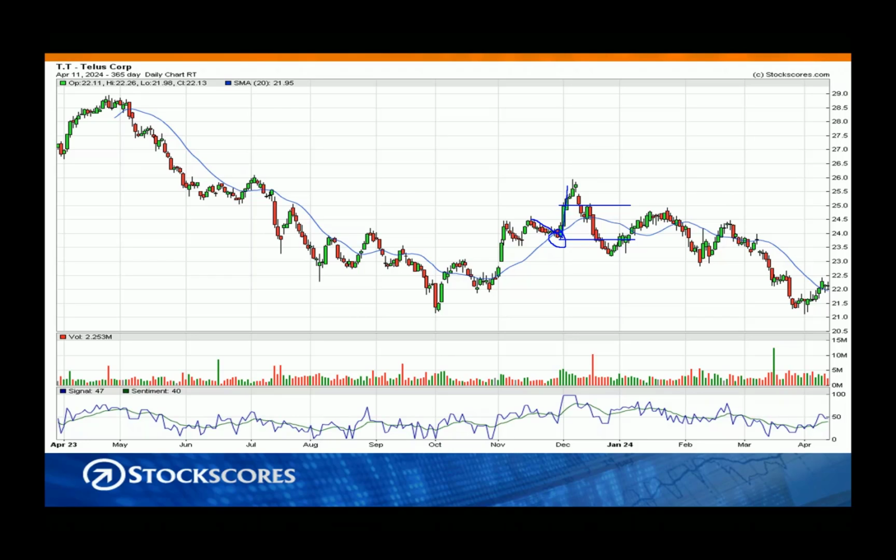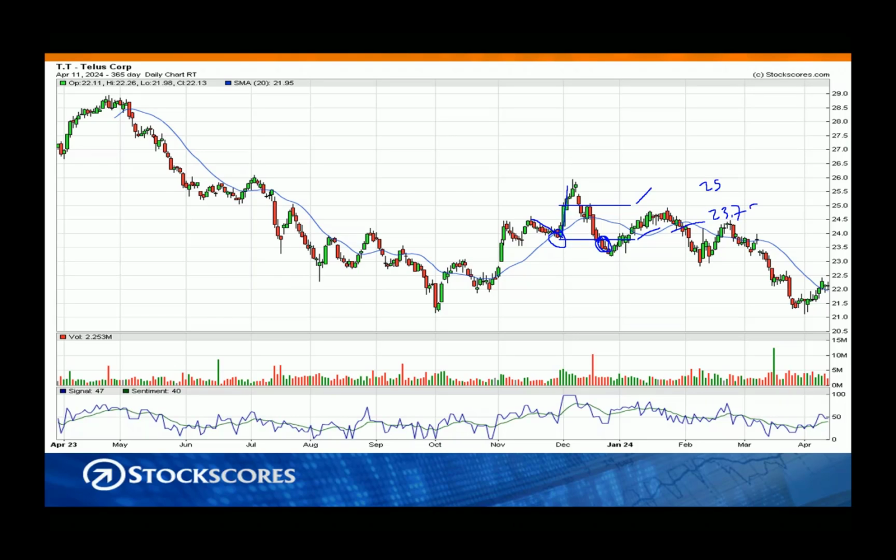And you can see that 3 weeks later, it broke down through that floor. So if we bought at $25 and we're planning to lose at $23.75, okay, our buy point is $25 and our support price is $23.75.